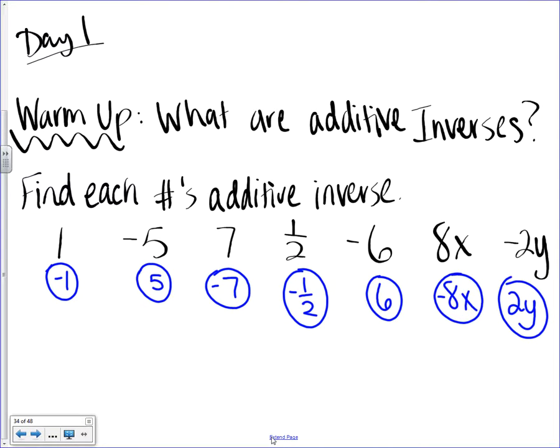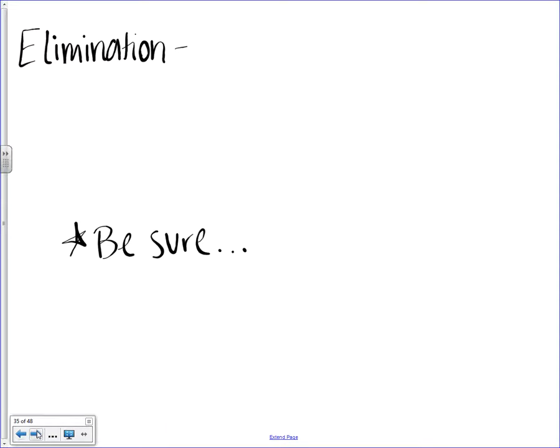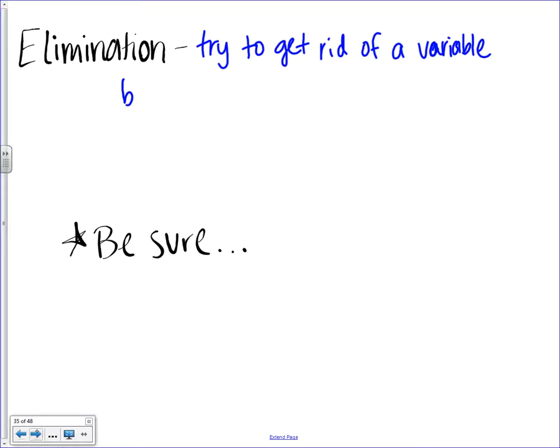So if I ask you to eliminate, you are going to try to get rid of a variable by creating additive inverses.